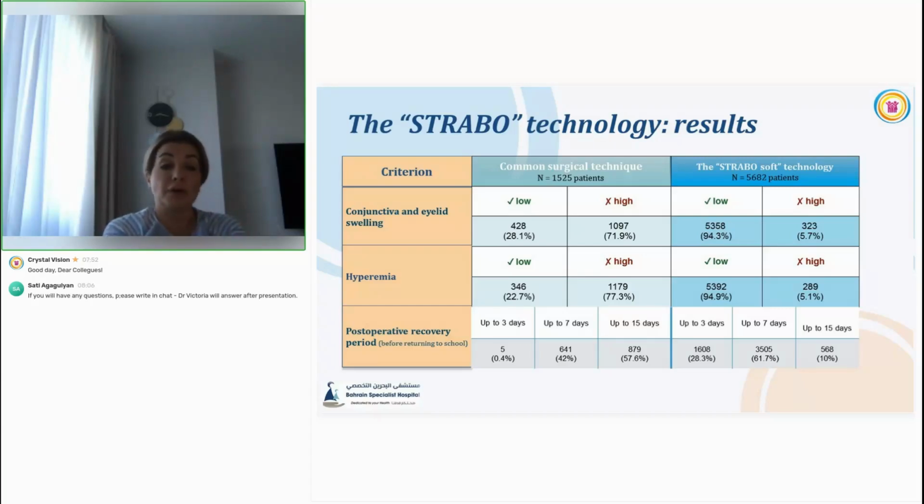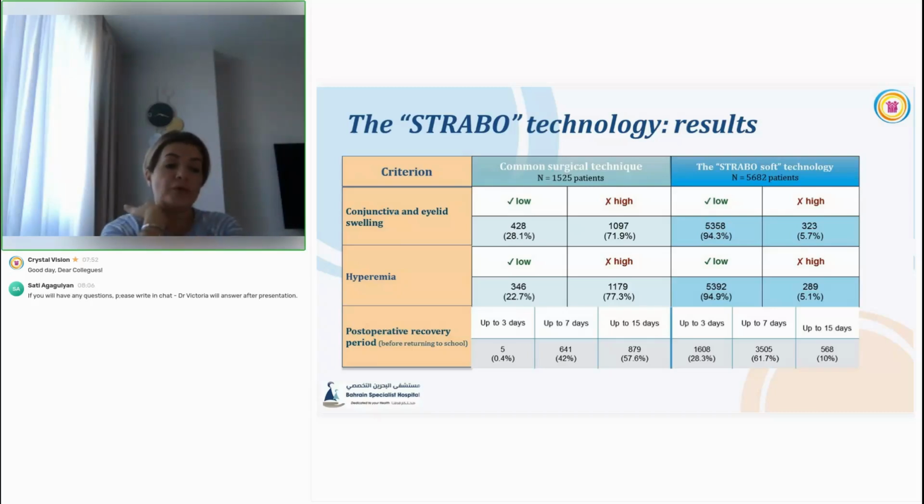In one of our scientific studies, we compared the recovery period between patients who underwent traditional strabismus surgery and patients treated with the minimal invasive Strabosoft technology. Criteria for comparative evaluation included tissue swelling and hyperemia in the post-operative period, as well as the rehabilitation period for the patient, when a child could return to kindergarten or school.